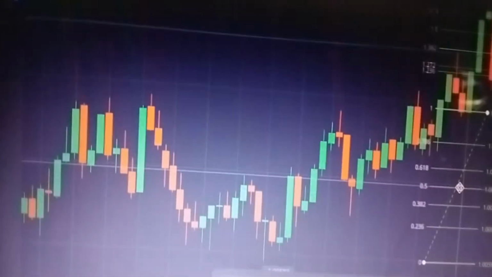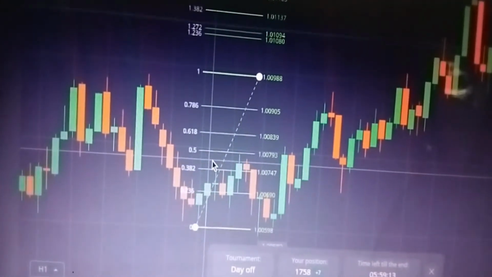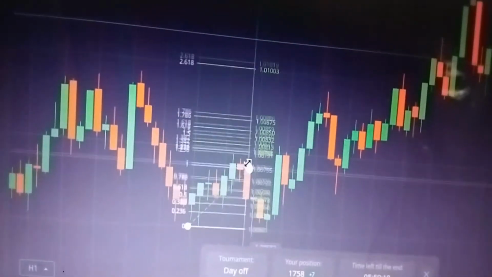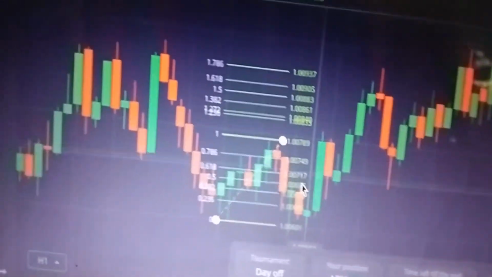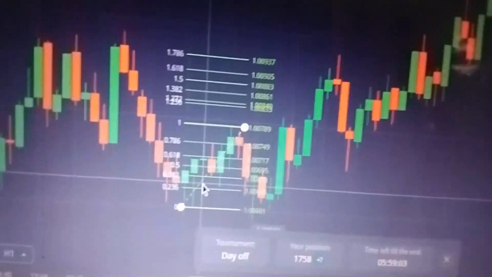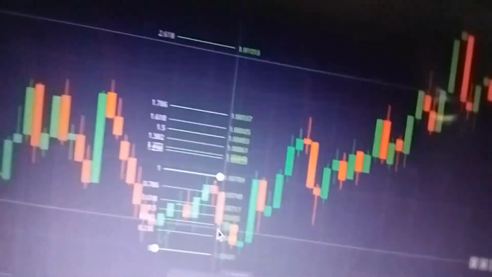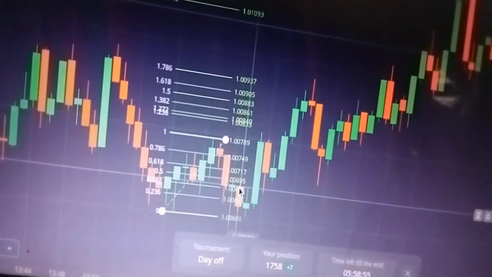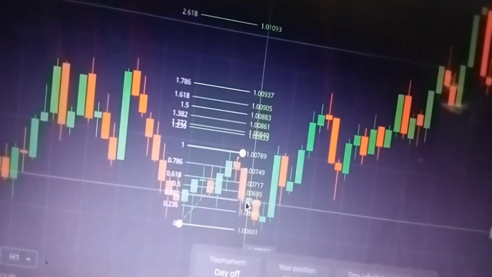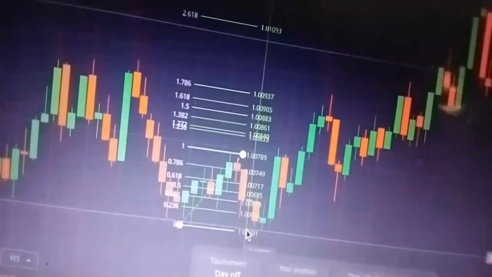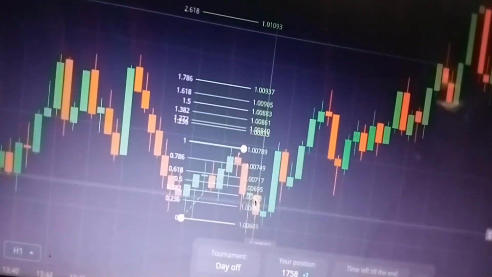So you apply your Fibonacci to identify the 61.8 retracement area, your discount area. The price came down there, and then we should have seen some kind of reaction, but that didn't happen. Price just dumped. Price dumped, took out this low, so there is no entry there.